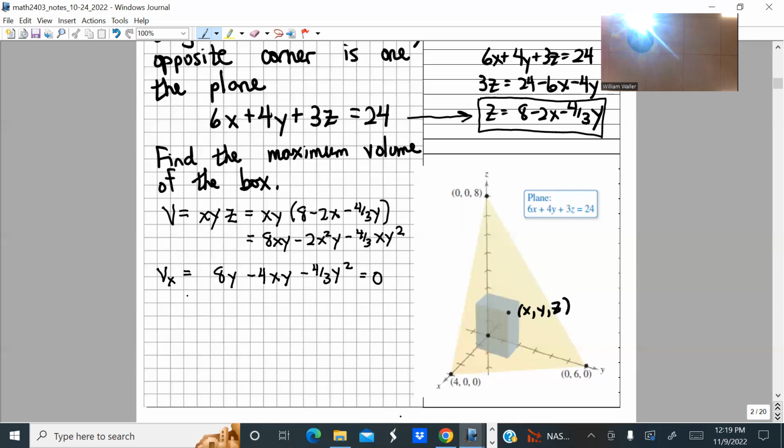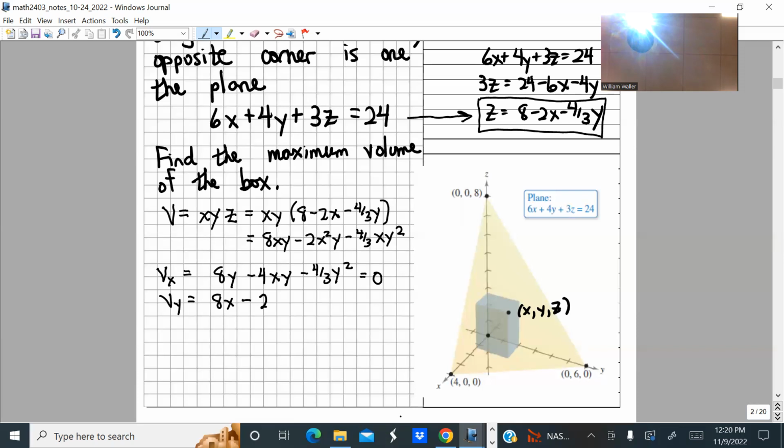And now also take the partial with respect to y, correct? So we get 8x, then what else here?